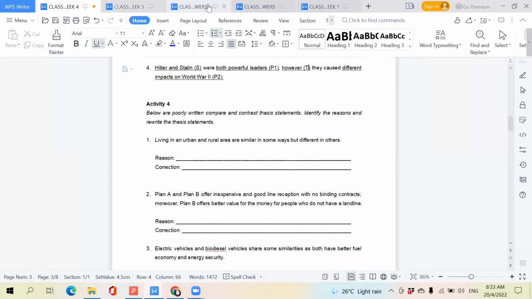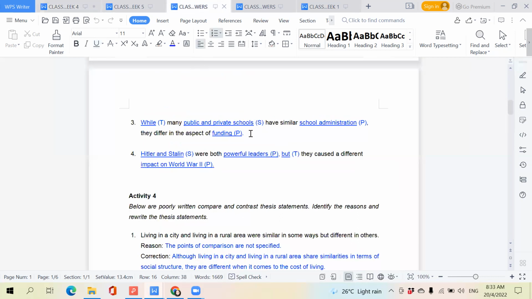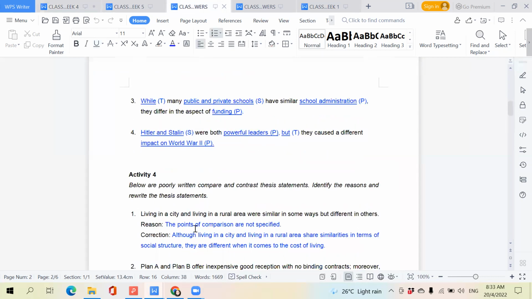So how do you fix this? Okay, so like I said, the reason is the points of comparison are not specified because you simply say some ways and then you say different in others. This is not okay. So how do you correct this? And you can say, although living in a city and living in rural areas share similarities in terms of social structure.